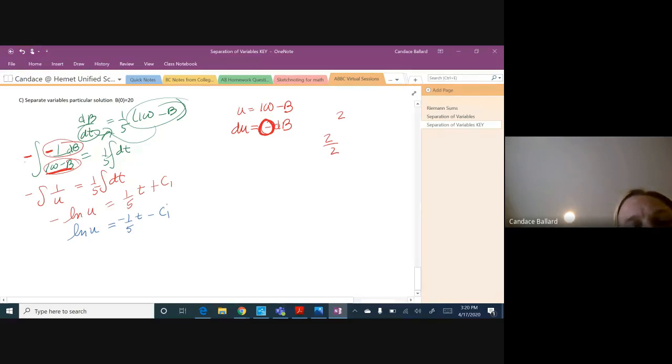Okay, before we exponentiate, this thing right here, remember we're going to convert that. It doesn't really matter if it's negative. Whenever we multiply by a constant, we're just going to change the name of it to c sub 2. It's still a constant. All right, I'm going to do my exponentiation. It just made me so proud that you all didn't forget that in the last 4 or 5 weeks or whatever it's been.